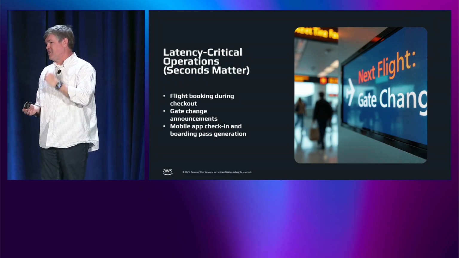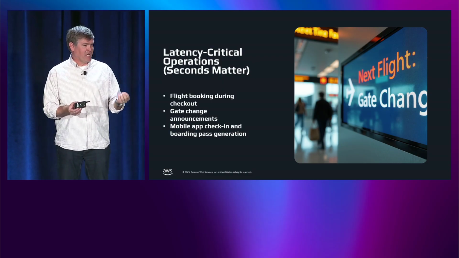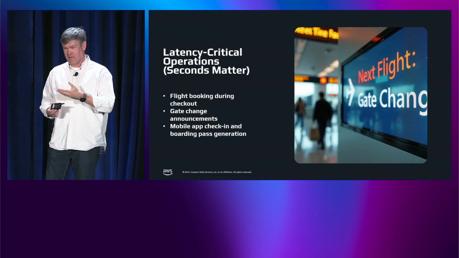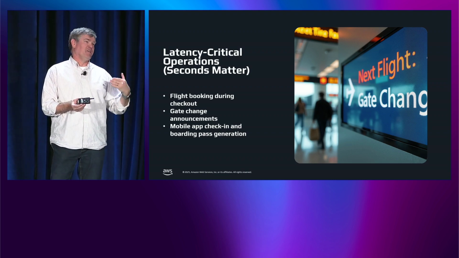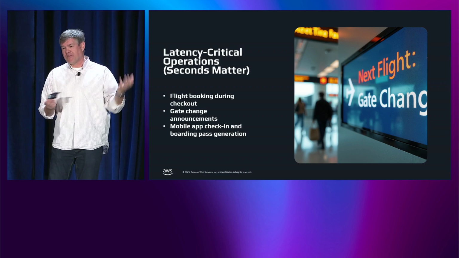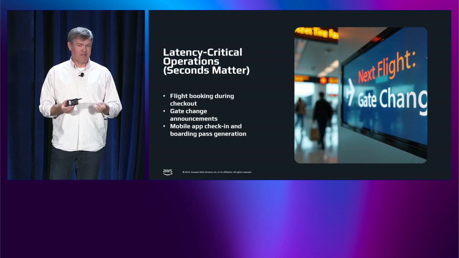Also, if there was a gate change announcement, as you were traveling here, you'd want to know about that immediately so that you could start navigating to the new gate to get on the plane. You wouldn't want the airline to say it's okay if that gets completed in 40 to 45 minutes, because then you're going to miss your flight.